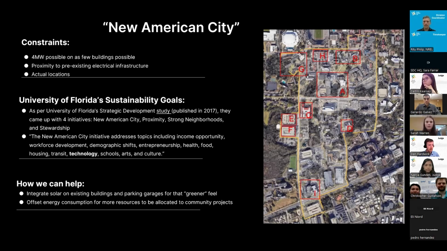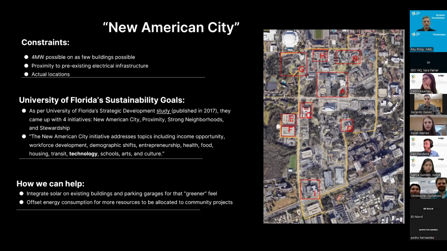We also took great inspiration from the University of Florida's sustainability goals and their strategic development plan, which published a study in 2017 where they came up with 4 initiatives: the new American city, proximity, strong neighborhoods, and stewardship. We took greatest inspiration from the New American City Initiative, which addresses topics including income opportunity, workforce development, demographic shifts, entrepreneurship, health, food, housing, transit, technology, schools, arts, and culture.